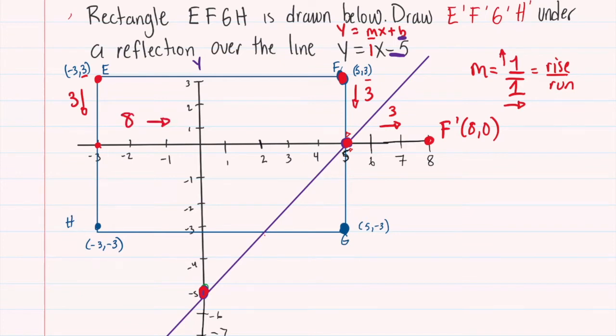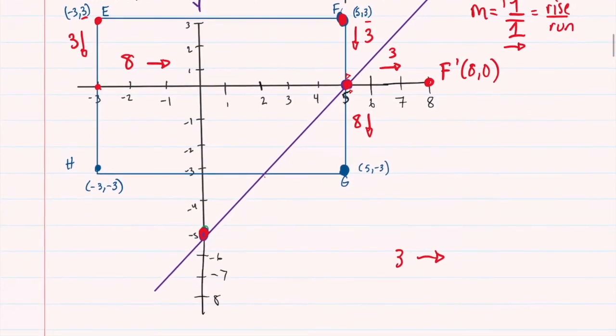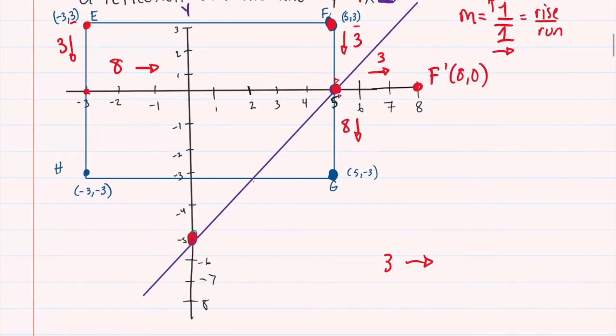So instead of going 3 down and 8 right, we're going to go 8 down, and you guessed it, 3 right. So if I go 8 down, that's going to be all the way to -8. And then 3 to the right, it will be right there. And that's going to be E prime, which is 8, comma, -8.